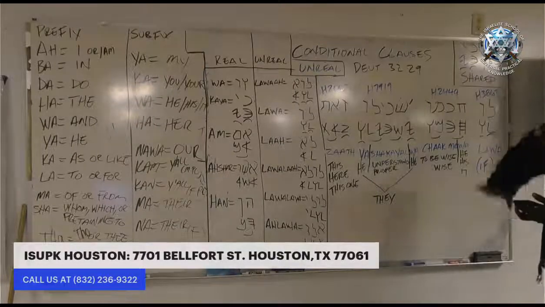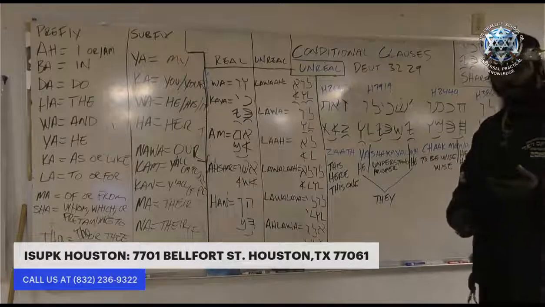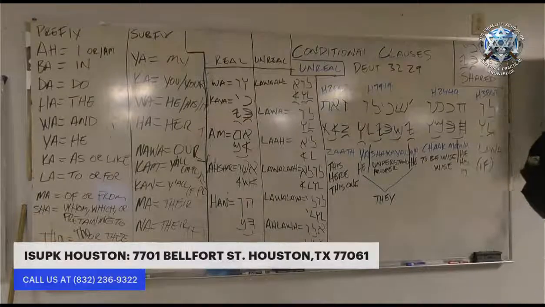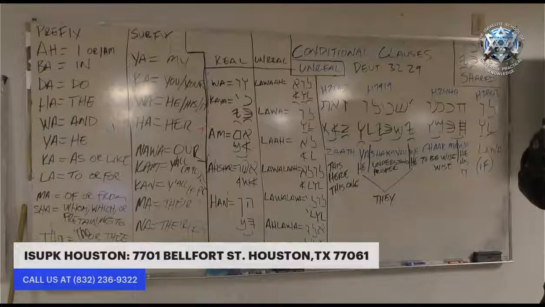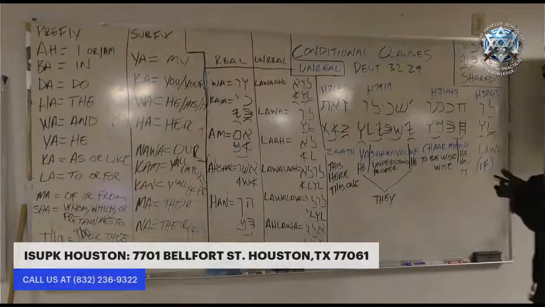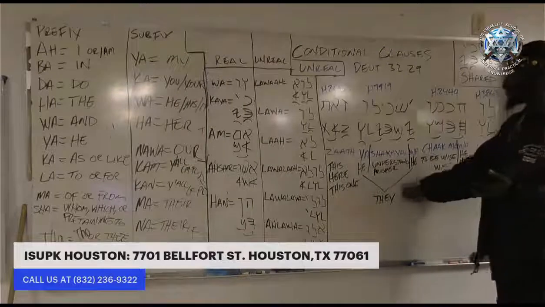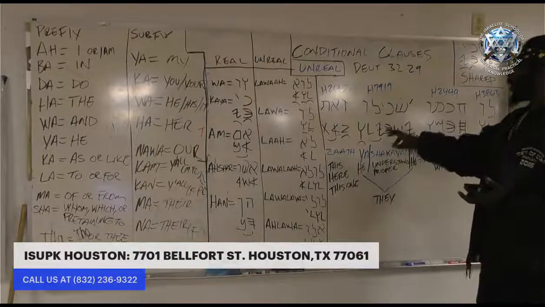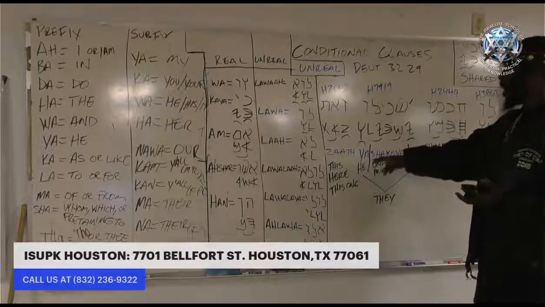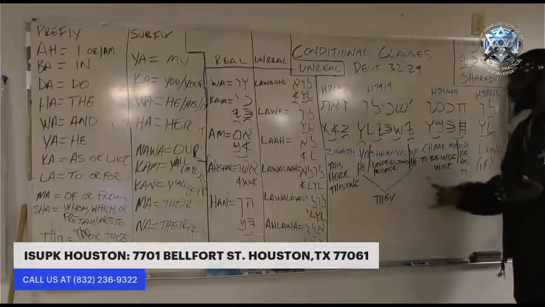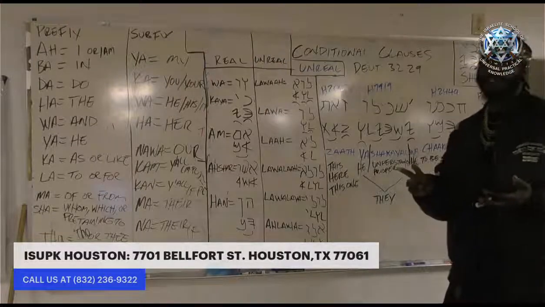Make sure you got this copied down. We're going to do one more, and we're going to close it out there. You guys got it. But remember, this is very important to remember. When you see Yah at the beginning and Wa at the end, two he's, 1 plus 1 is 2.